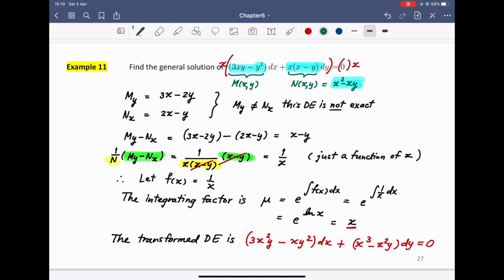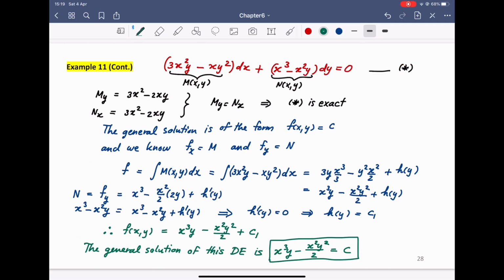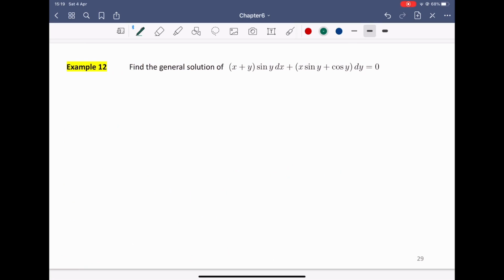Well, you can. So you can use multiple techniques to approach that problem. For example 11, it can be solved by using an integrating factor, and it also can be solved by using the homogeneous differential equation technique. But the answer must be the same. All right, so let's move to example 12.